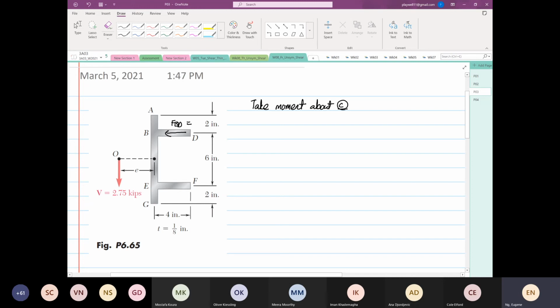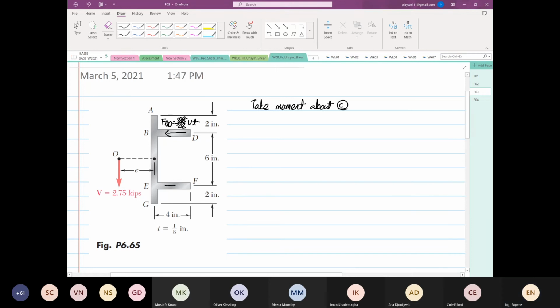And our FBD we found earlier is equal to 288 over 233 VT.